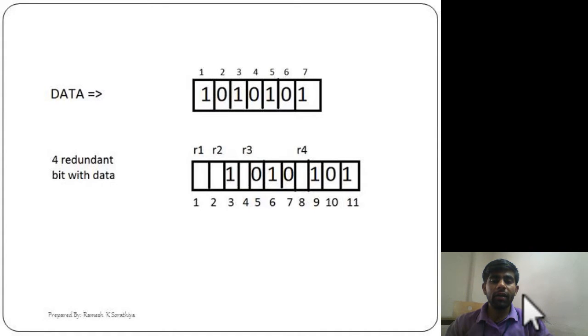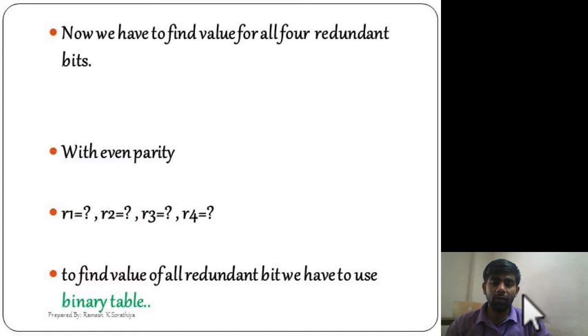Our original data was 7 bits and 4 redundant bits are added, so our total string will be 11 characters. In the figure we can see that R1, R2, R3 and R4 are added at position numbers 1, 2, 4 and 8 respectively.